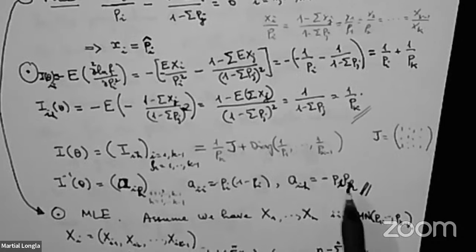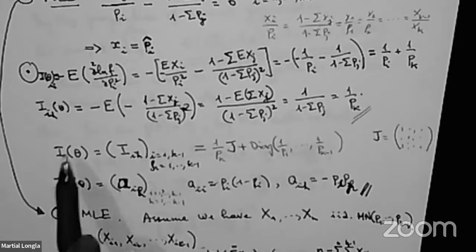And then the covariances here would be A_ih equals negative Pi times Ph. So that's what the inverse of this matrix turns into. And if you want to check that, if you have time to waste, you can prove that this times that equals the identity.